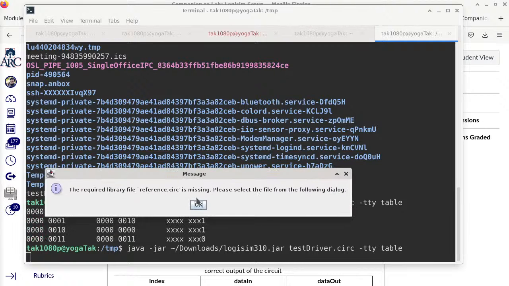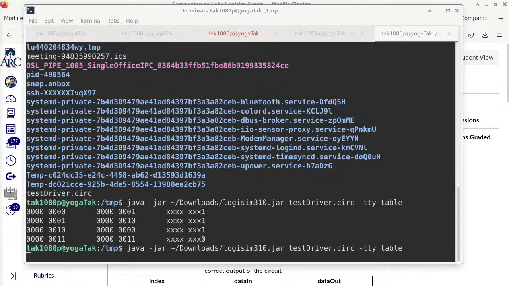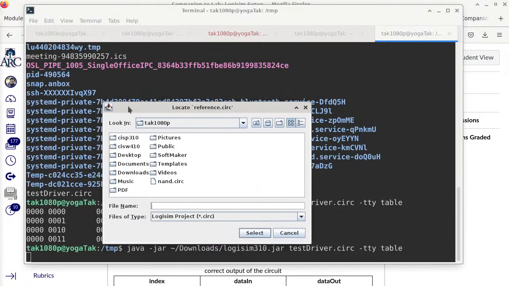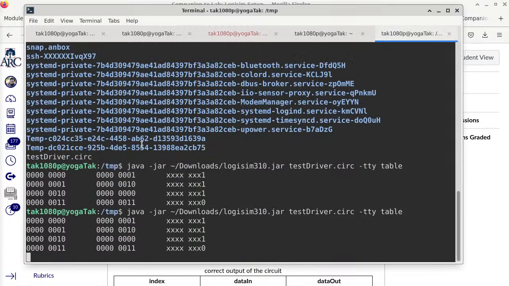This is the first one. We have seen this before. Click OK. And this is the one that you did not see. Over here, you just go to the folder where reference.circ is located, and it ran like that.